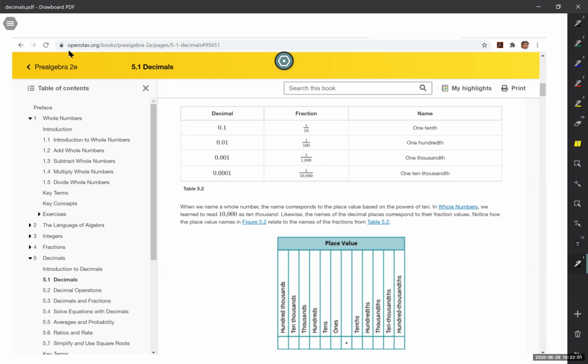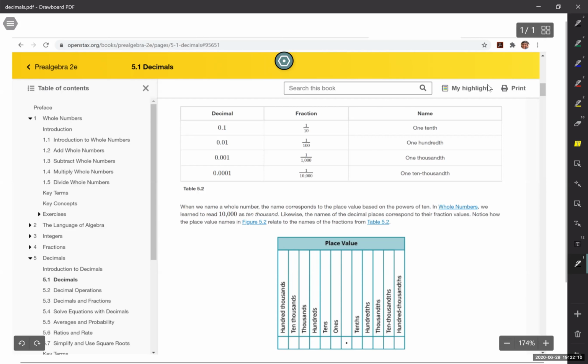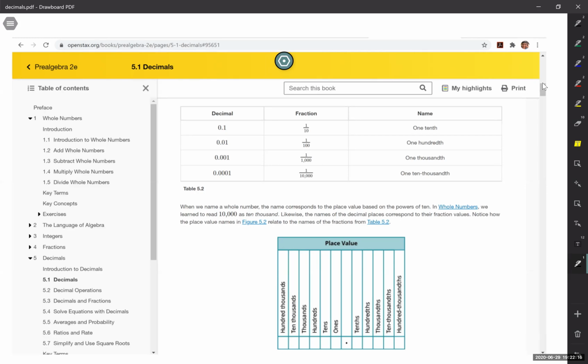I scrolled down quickly. Here's my scroll bar on the side. You can see it's not very far down the page, and you get to this chart here. I wanted both charts available to you.